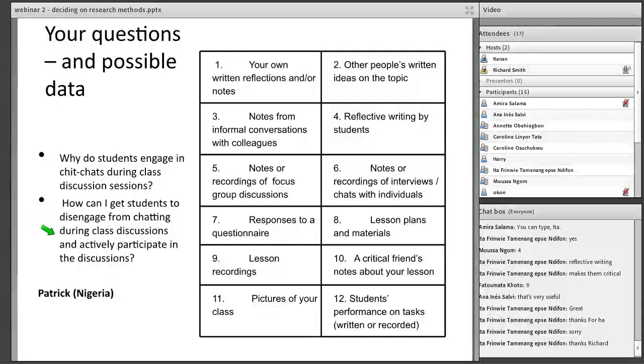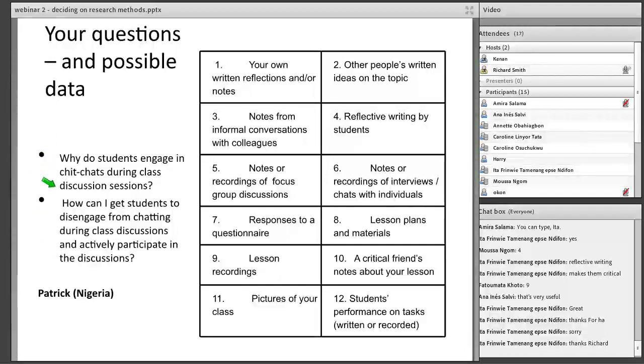So that will be later in exploratory action research. That will be what we'll come to later. You'll find the answer to how you can get them to focus better during discussions by exploring. That's why I'm going to focus on this first question. If you can find out why they do it, and maybe even find some answers from students, like what they think could stop them from doing it, that could help you to eventually find a solution.